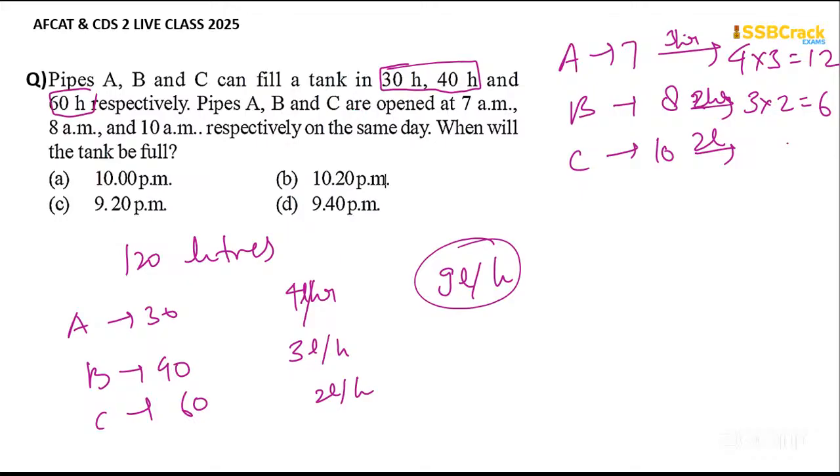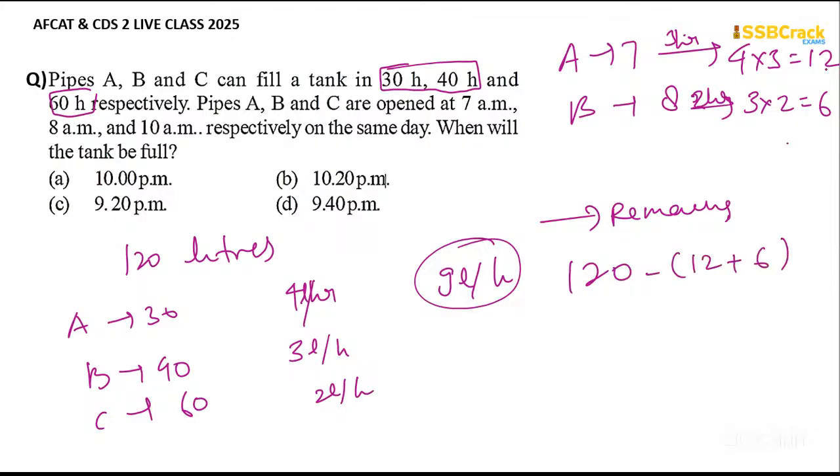Let me do the calculations for the remaining case. The tank is 120 liters, so 12 plus 6 is 18, and it is 120 minus that.